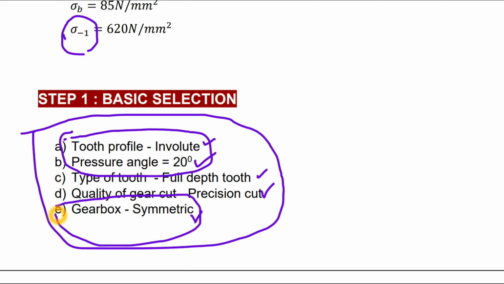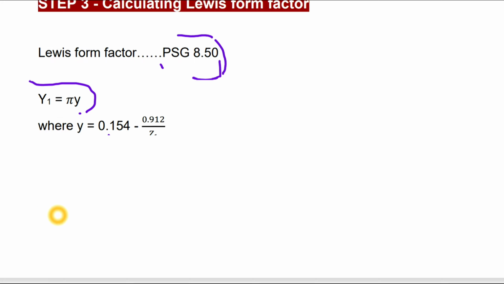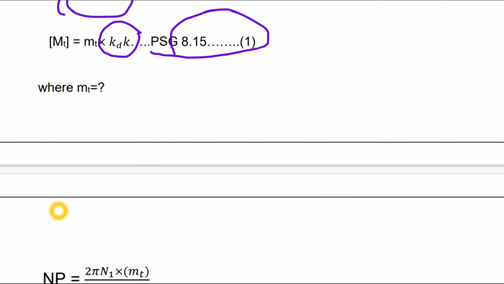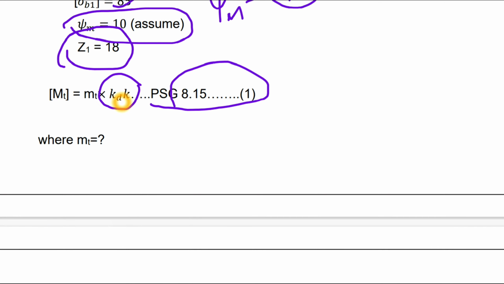So at PSG page number 8.15 the formula is there, and on that page you will get the value of kdk. The kdk value is initially assumed for the symmetric scheme. For the symmetric scheme, the value given for kdk is 1.3. Okay, 1.3 is the value.